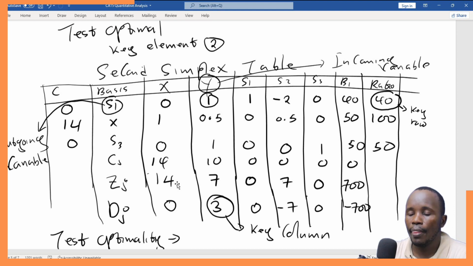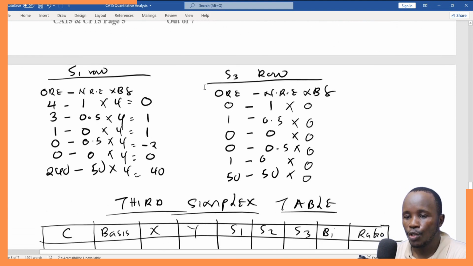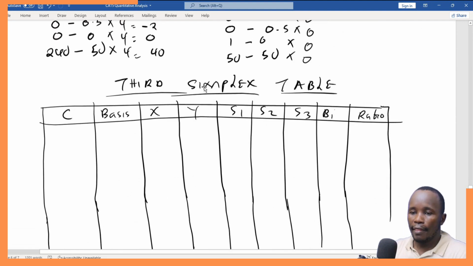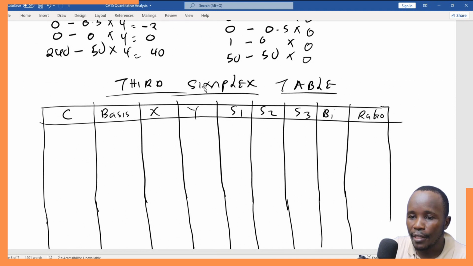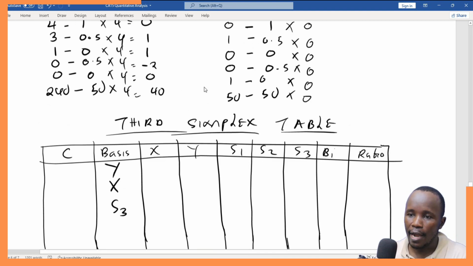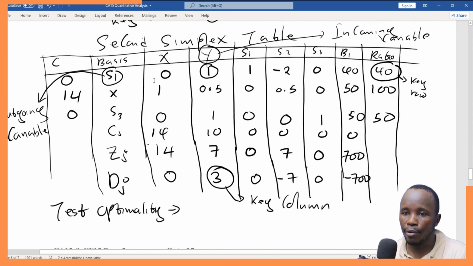The outgoing variable is going to be replaced by the incoming variable, which is y. Hope that is clear. The first one is going to be replaced with y. Then we have our x and s3. The outgoing variable s1 has been replaced by the incoming variable y. So this is where we are.